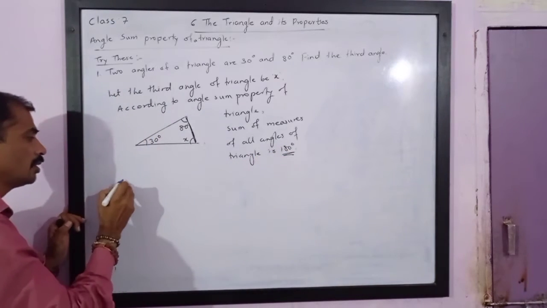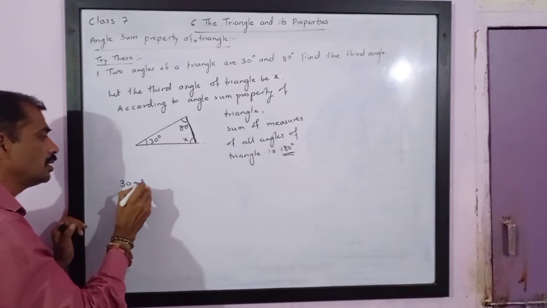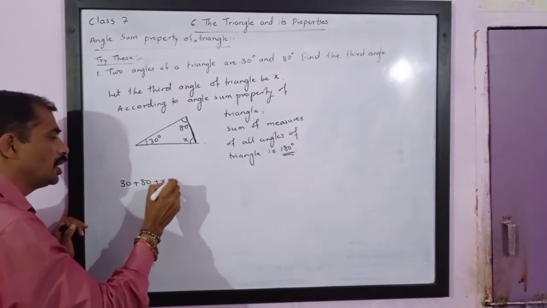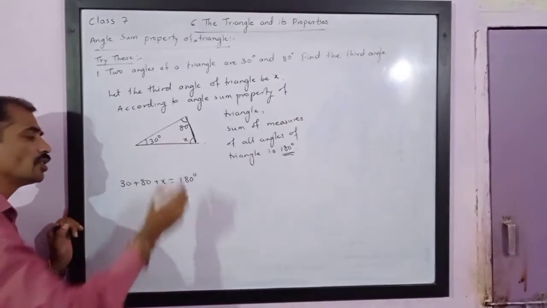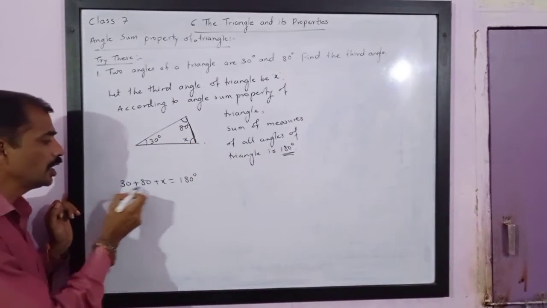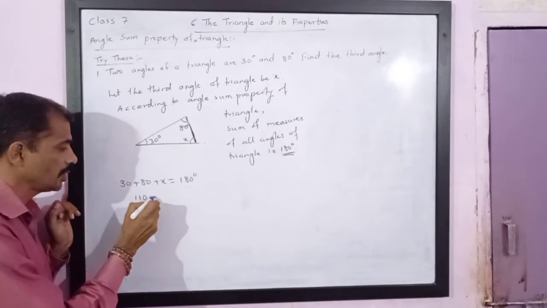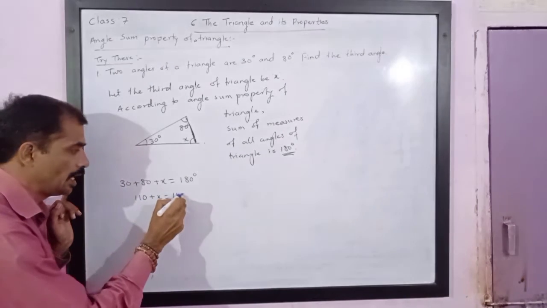It means 30 plus 80 plus x must be equal to 180 degrees, because these are the three angles of the triangle. Now we know 30 plus 80 is 110, plus x equals 180 degrees.